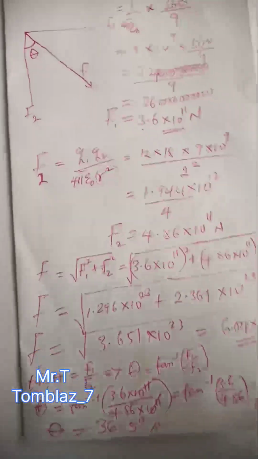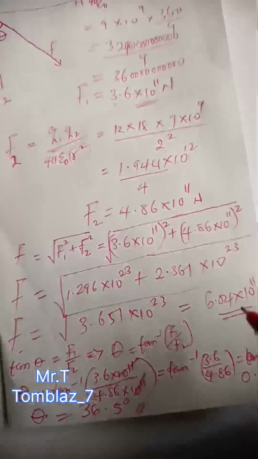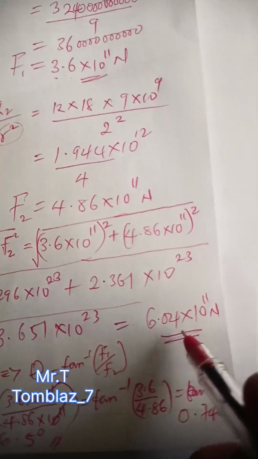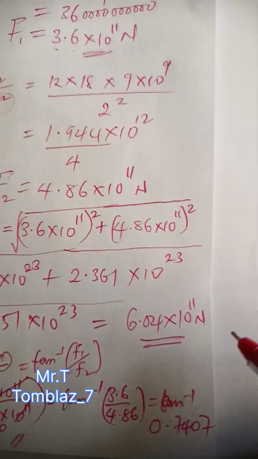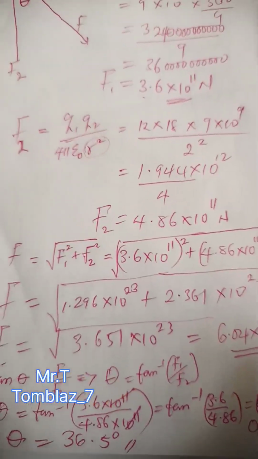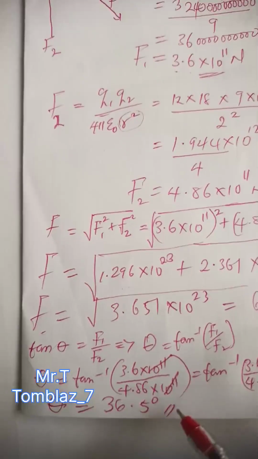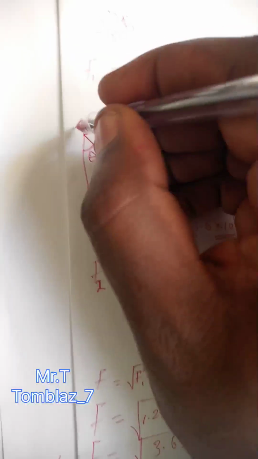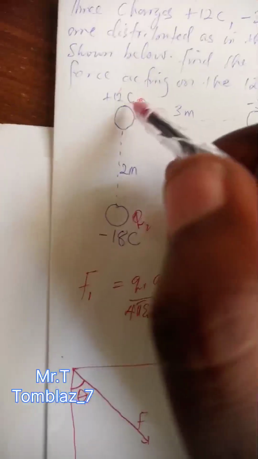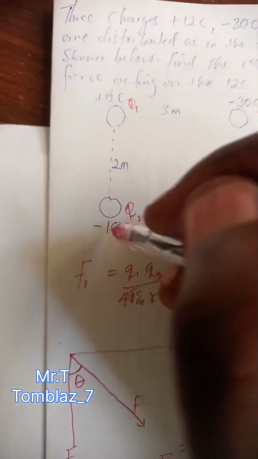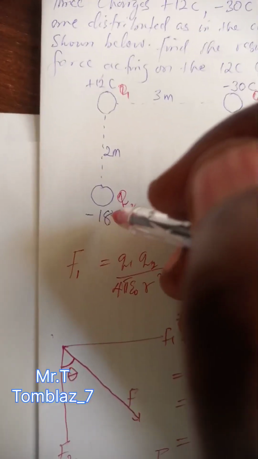So what this means is that the net force is 6.04 times 10 raised to the power 11 Newton, and it is in the direction of 36.5 degrees to the line joining the 12 coulomb charge to the minus 18 coulomb charge.